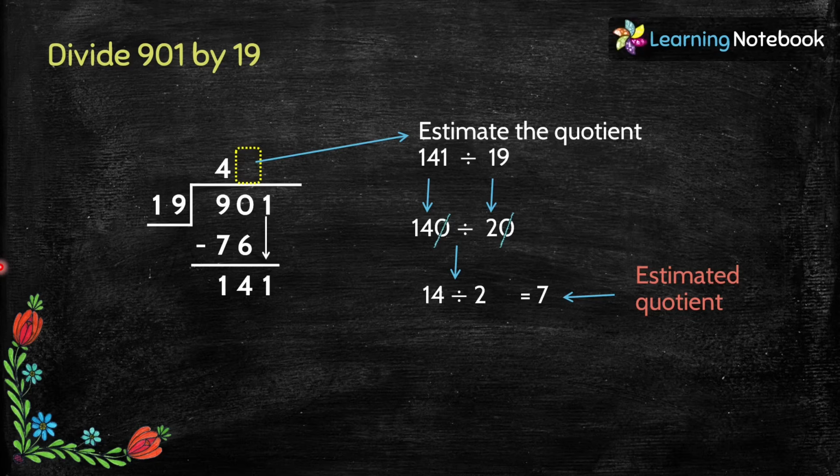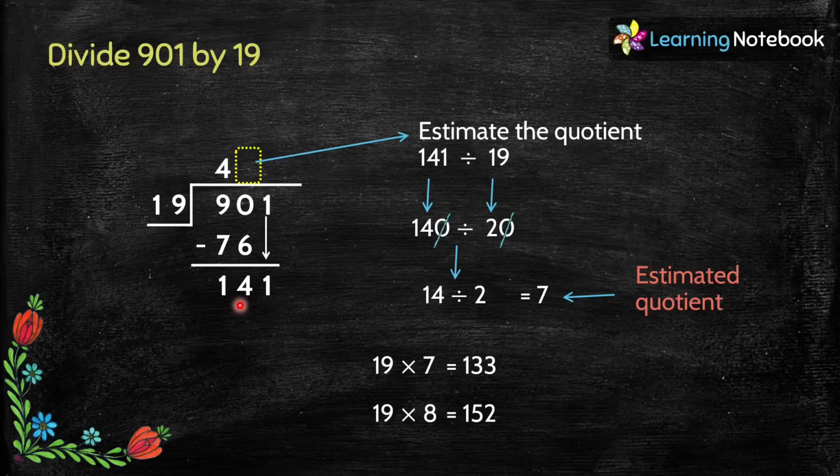Now with the help of this estimated quotient, we will find actual quotient. 19 multiplied by 7 equals to 133, and 133 is less than 141. So let's multiply 19 by 8 also. We get 152, which is greater than 141.